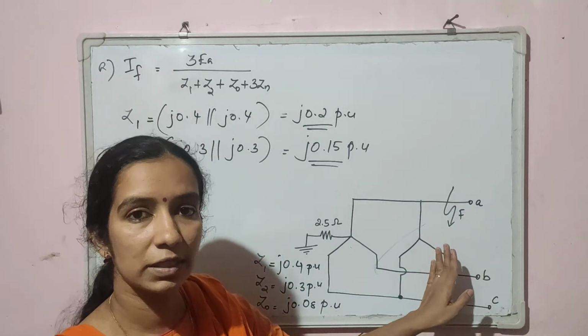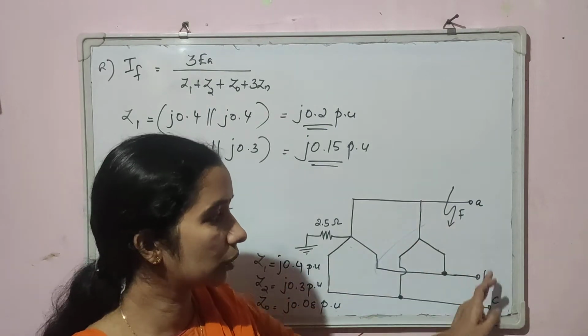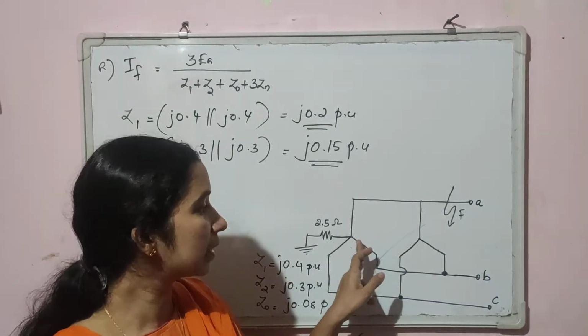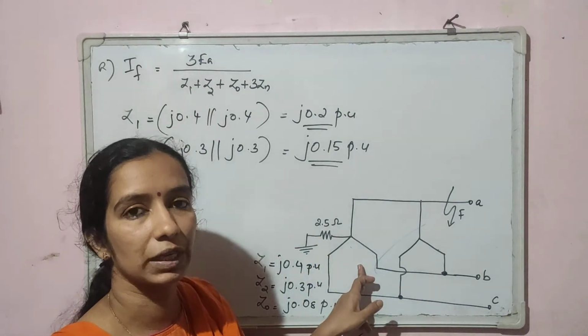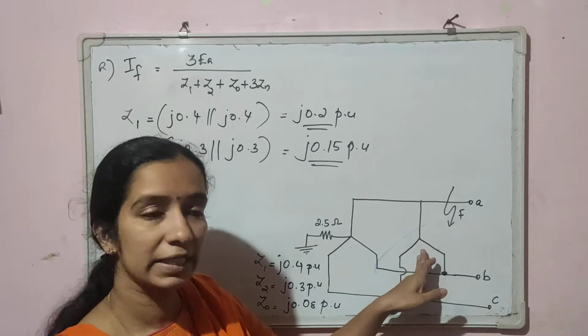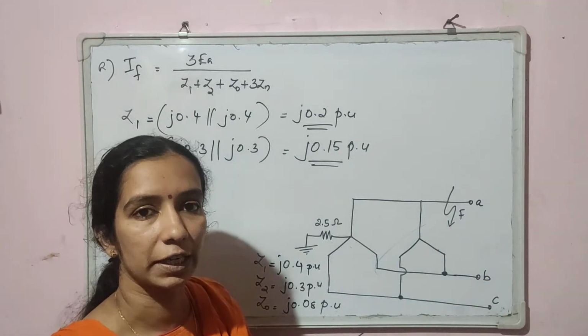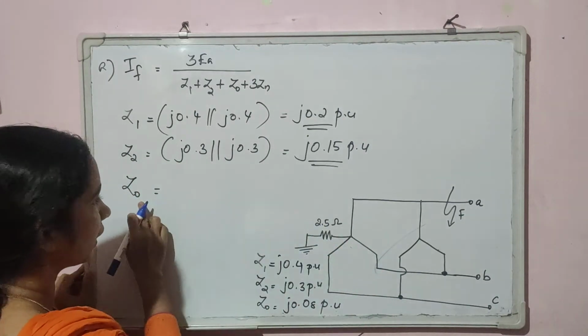So for drawing the zero sequence network or calculating the total zero sequence impedance of this system, we need to consider the first alternator only, as it has a grounded neutral. So while calculating the zero sequence reactance, neglect this other alternator.